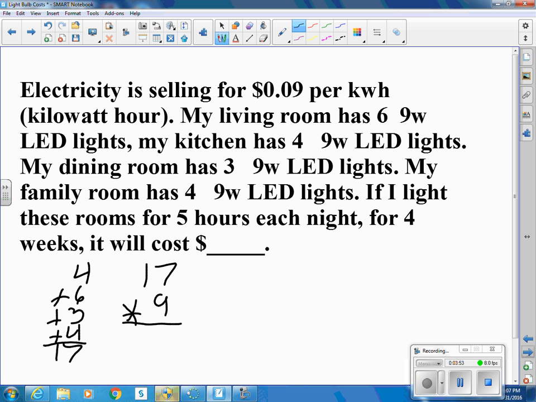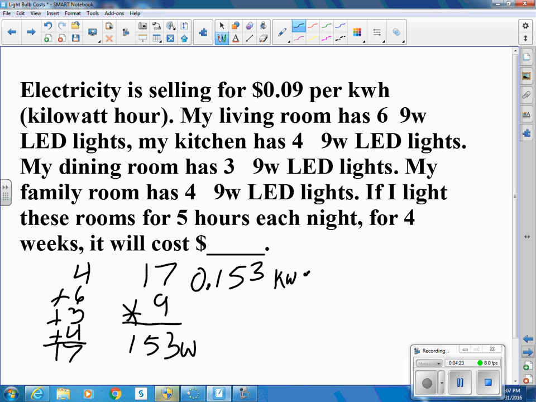If I multiply, 153 watts. So I'm burning 153. Well, when we're talking about kilowatts, that's how many thousand watts. So I move the decimal 3 places. So that is 0.153 kilowatts.